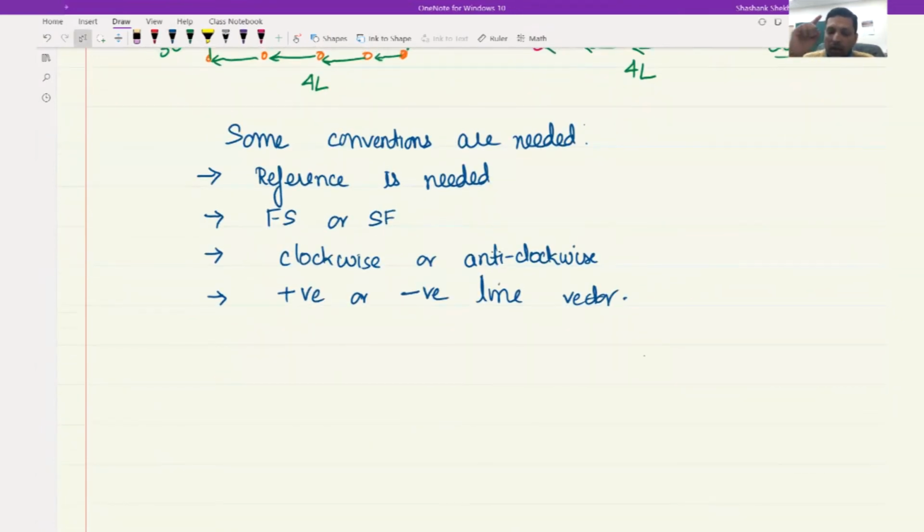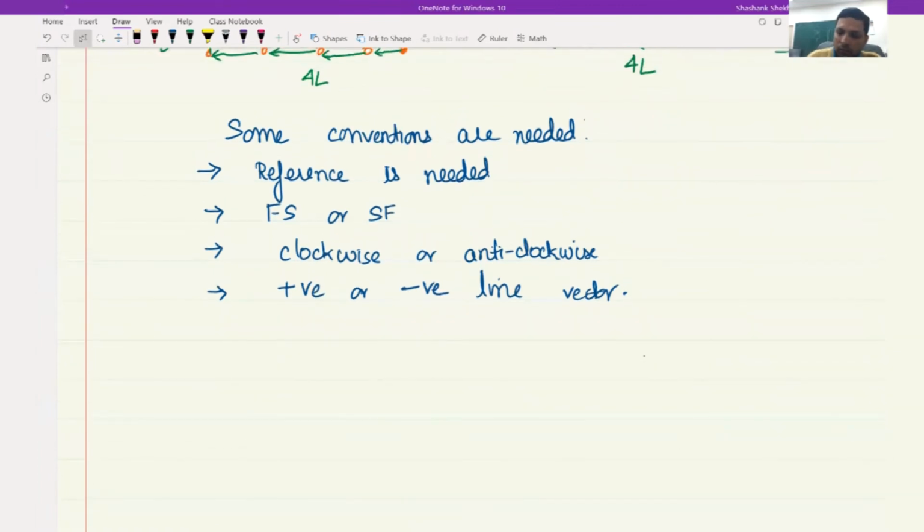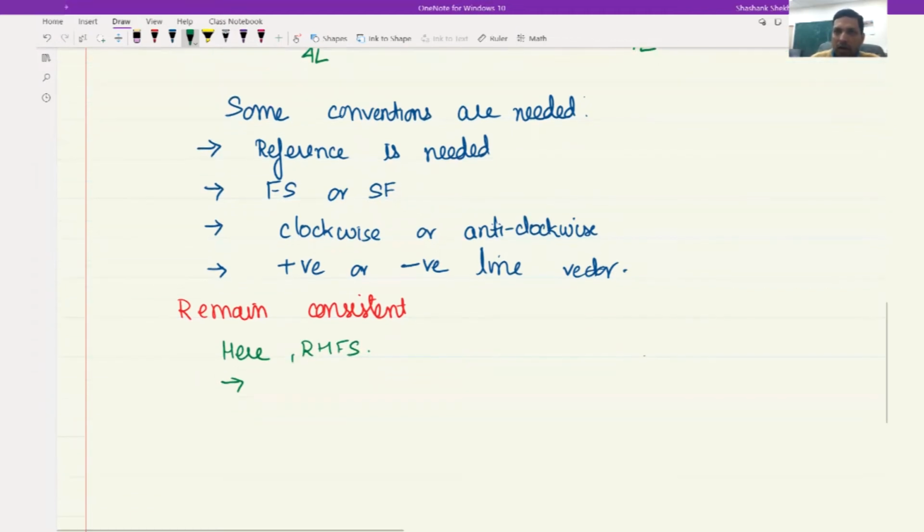And one will have to remain consistent. So in this particular case, we will follow what is called RHFS. So RHFS means right hand.